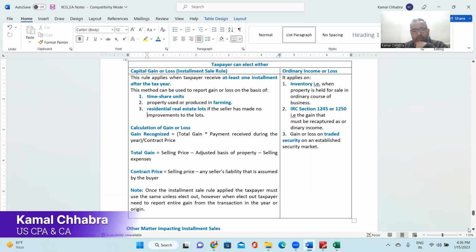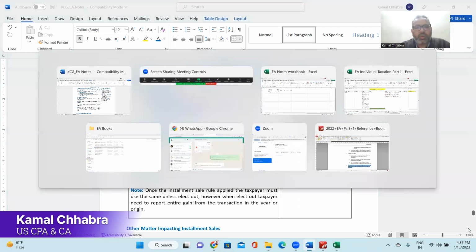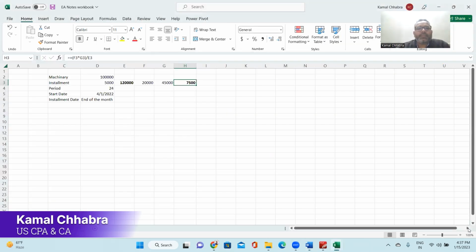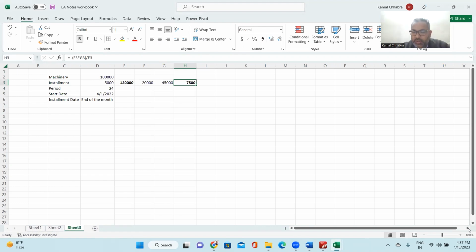For example, in 2022, you elected to go with the installment sale or capital gain rule, right? In that scenario, you have considered 7,500 to be taxed at the capital gain tax rate in year 1. That's what you are doing.